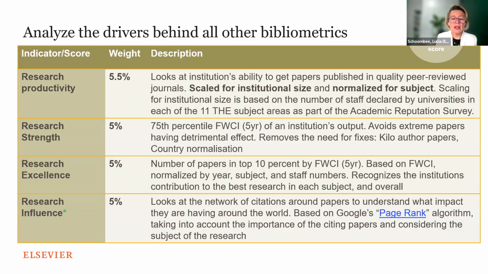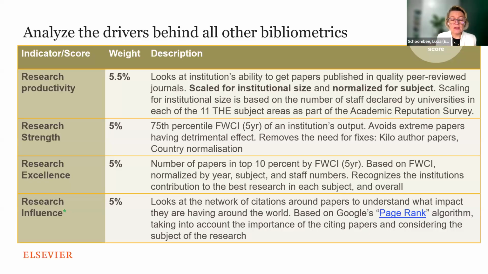So in every country, every institution, we have those publications that have extraordinarily high field-weighted citation impact, which is not really a true reflection. It could be a kilo-author paper, it could be a very controversial paper, but it's to have something that is more standardized and more consistent. They measure that same field-weighted citation impact at the 75th percentile.